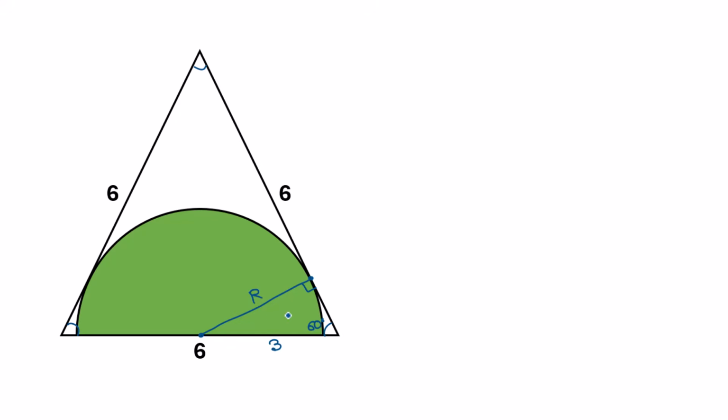So applying trigonometry, here we can write sine 60 degrees is equal to this height r divided by hypotenuse, which is 3, or sine 60 degrees, which is square root of 3 over 2, is equal to this r over 3.